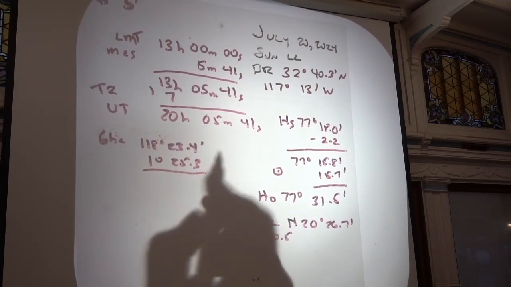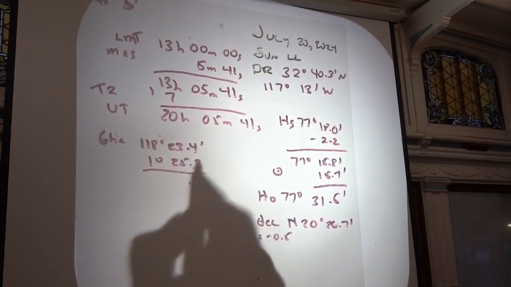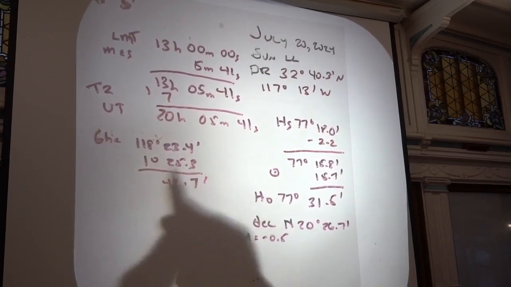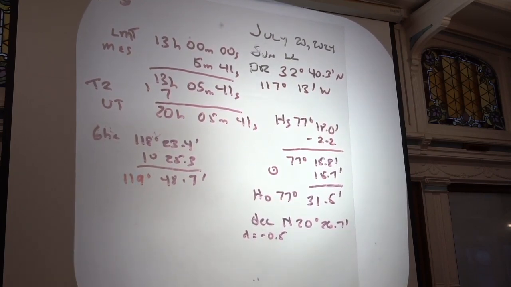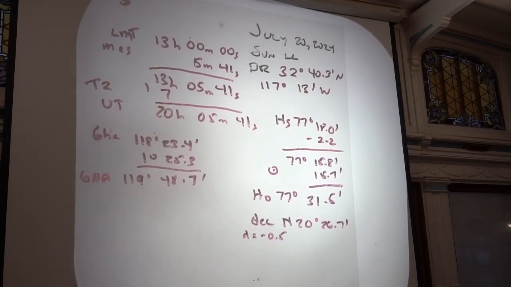Okay? So that is 0.7. 23 and 25 is 48. So 48.7 minutes, 119 degrees, 48.7 minutes. Okay, that is the capital letters GHA.